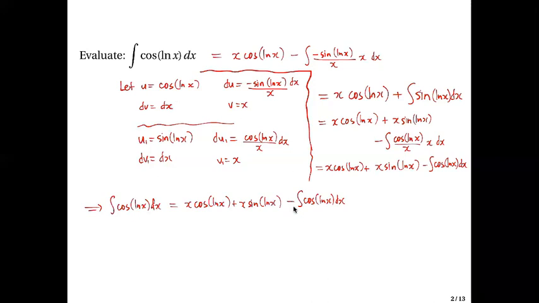So if we bring this integral on the right-hand side to the other side, we'll just have twice this integral equals this here. Okay?